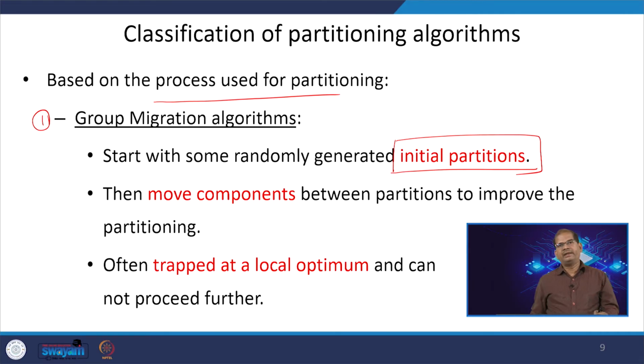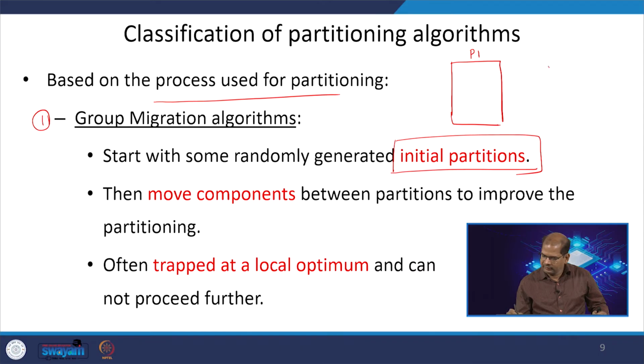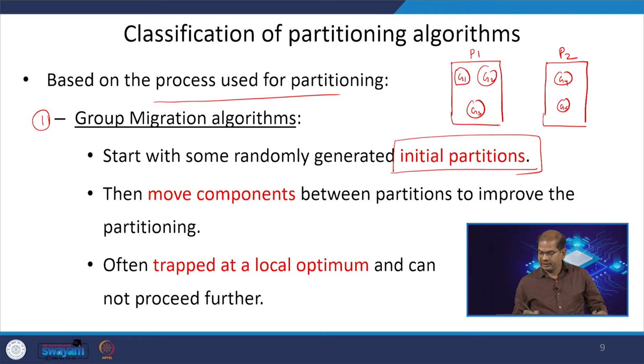What happens inside a group migration algorithm is that we move components between the partitions. Let us say I have some logic gates in partition 1 and partition 2, say G1, G2, G3, G4 and G5. Let us say this is connected with this, and this is connected with this, and these two are connected.